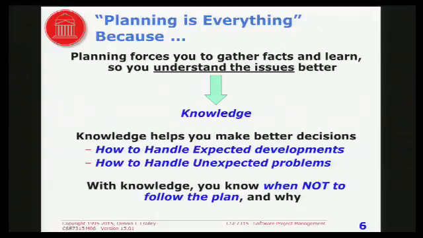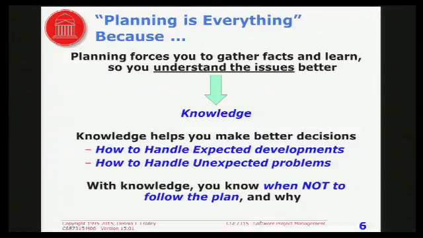If you've really done good planning and you've really produced a good plan, then you know when you shouldn't follow it, because you know what assumptions went into the plan. You know what conclusions you based it on. And if you find out that the reality of the situation says that's not going to work, then you know to change. Think about you're driving a car and you're driving on a highway and all of a sudden you see a traffic jam.